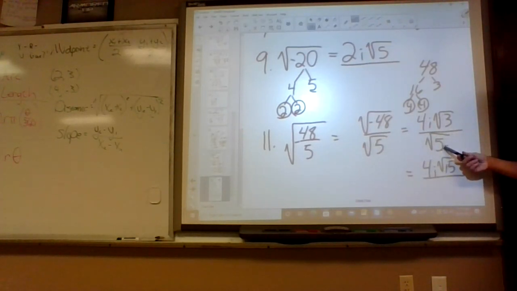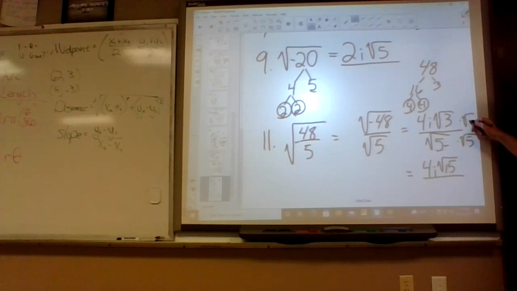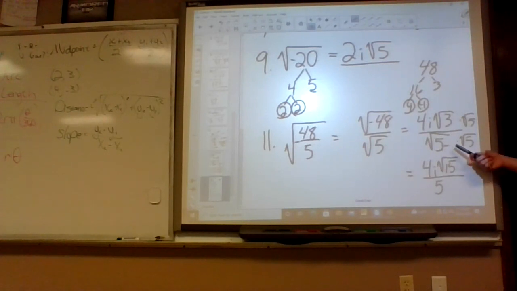On the bottom, what's square root of 5 times square root of 5? It's just 5, square root of 25, which is 5. Anytime you square a square root, it just eliminates the radical.